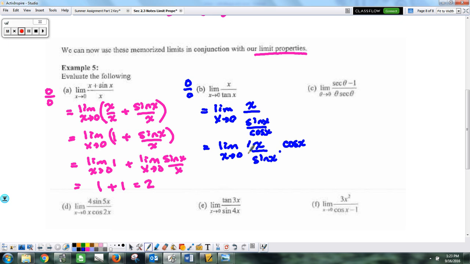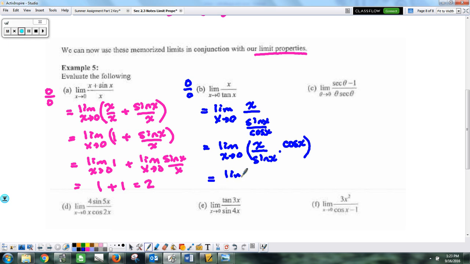I split it this way in particular because I'm trying to pull out the special limit that I'm looking for. I see I have x over sine x. And then I have this limit, and I apply it to the cosine x. And I think, okay, the limit as x goes to 0 of cosine of x is going to exist. This limit exists, and the limit of a product is the product of the limits provided they exist.